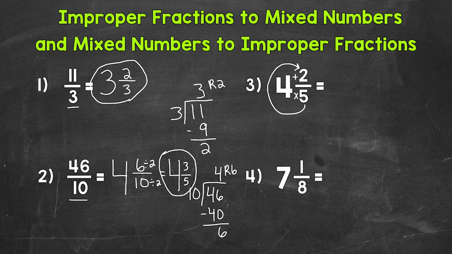So 5 times 4 is 20, plus 2 is 22. So that is our numerator. Again, we did 5 times 4 is 20, plus 2 is 22. We keep the denominator of 5 the same. So 22/5 is our improper fraction.